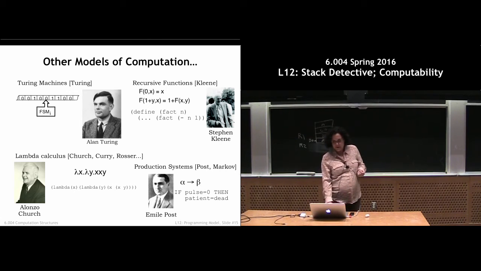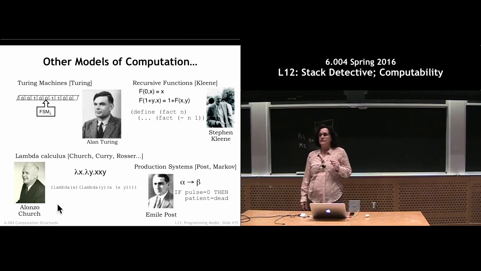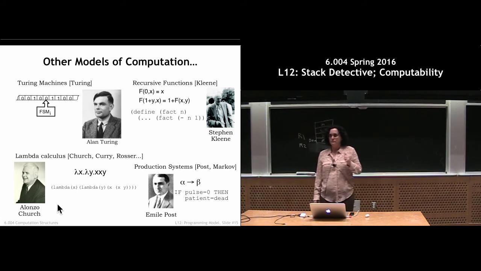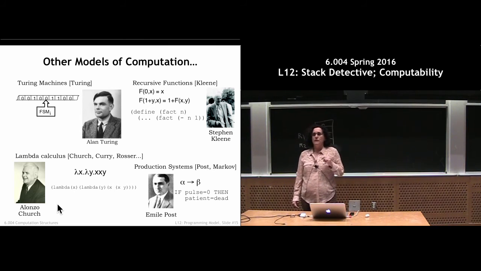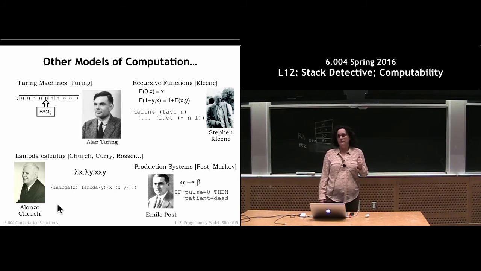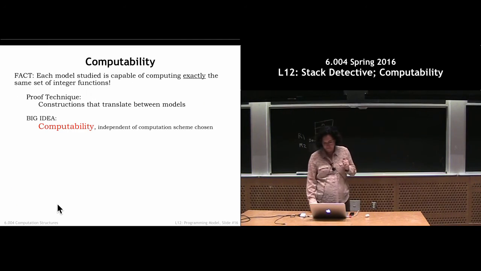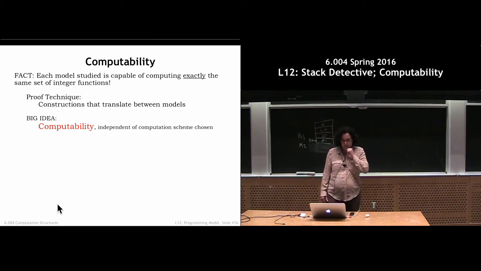All of these people actually worked together, and Kleene and Post and Turing were all students of Alonzo Church at Princeton University, and they all worked on this same idea of what's the best way of modeling computation. And specifically, they were interested also in identifying what are the types of problems that cannot be modeled. In other words, how to identify what's not computable.